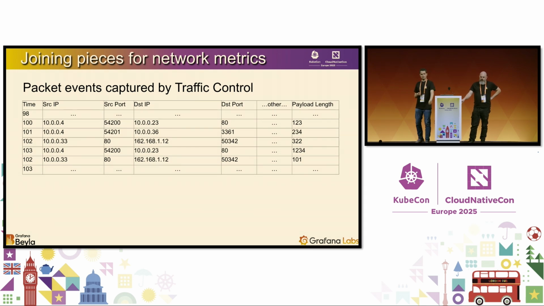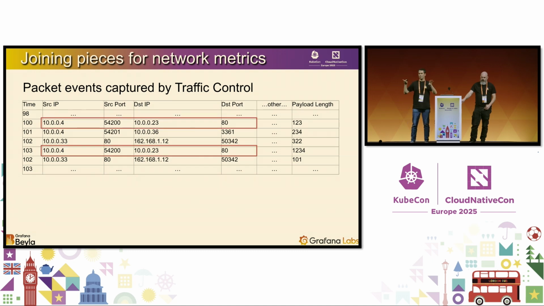For network metrics, what you get is that for every packet, a program is run and extracts some information from your connections: source IPs, ports, destination IPs, destination ports, and also other information like payload size, system interface, and so on. If you want, for example, to know how much bandwidth you have between 2 endpoints in your system, it's relatively easy because you have source IP, source port, destination IP, destination port.